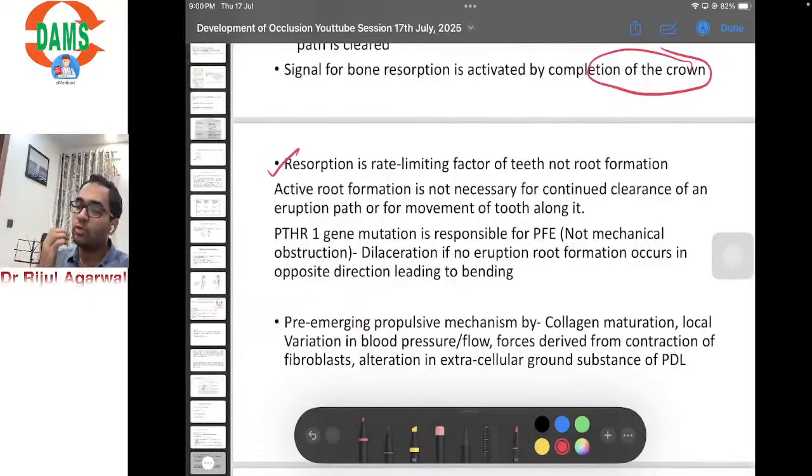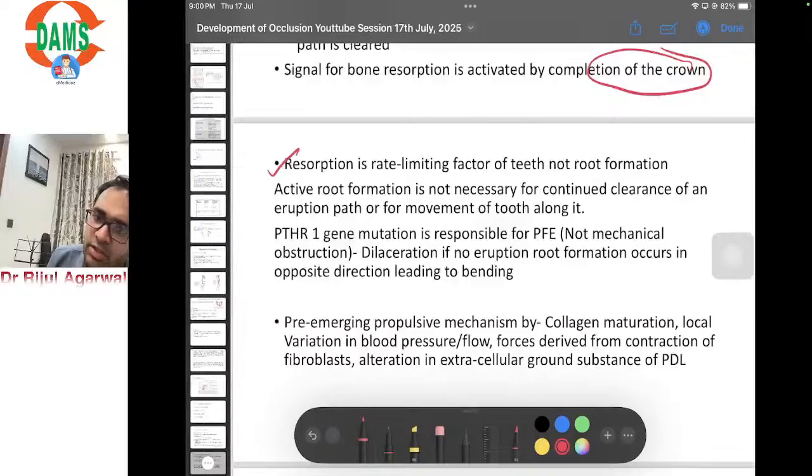There were experiments conducted in which they observed that the overlying bone was not resorbed. They released certain factors, but the tooth continued to form. The tooth bud completed its root. So this bending of the root, or dilaceration, occurs because of the absence of overlying bone resorption.